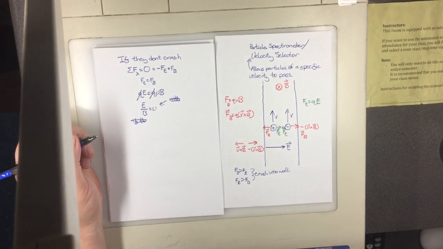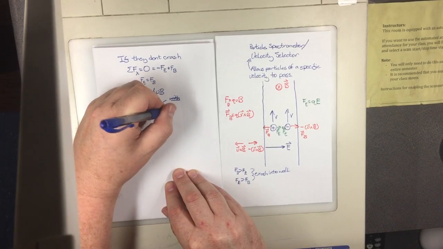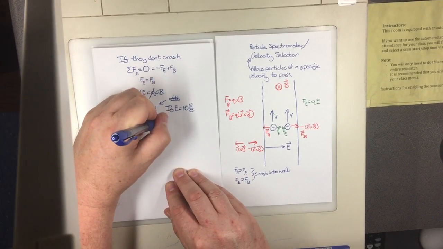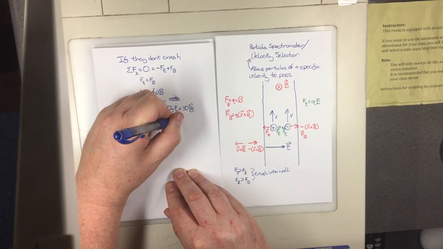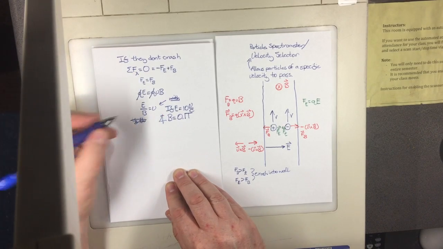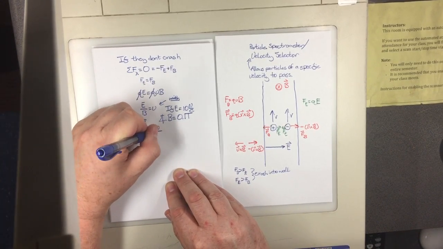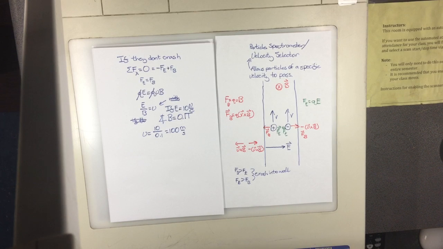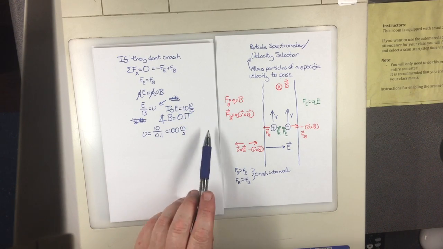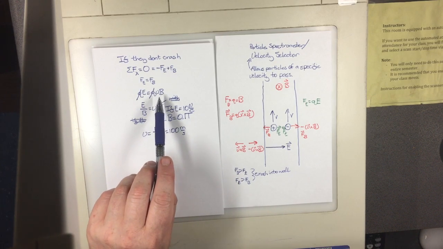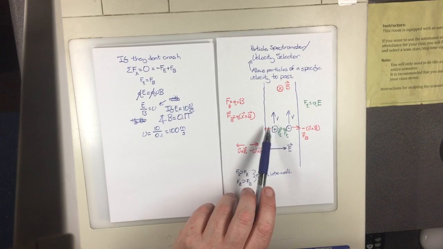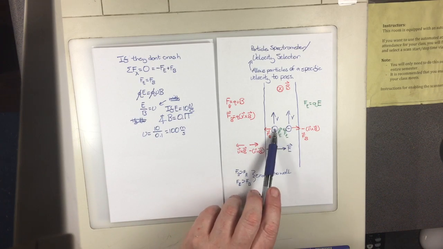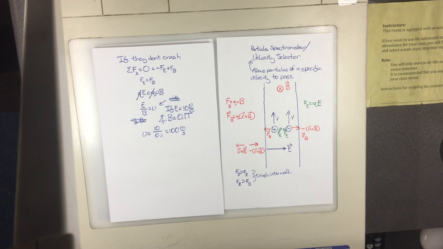If E was equal to 10 newtons per coulomb and the B field was 0.1 Tesla, the velocity is 10 divided by 0.1, so 100 meters per second particles would pass through that. If it was going too fast, the magnetic force would be stronger and positive particles would steer left, negative particles would steer right. If the velocity was less than 100, then the electric field forces would win and they'd crash in the opposite direction.